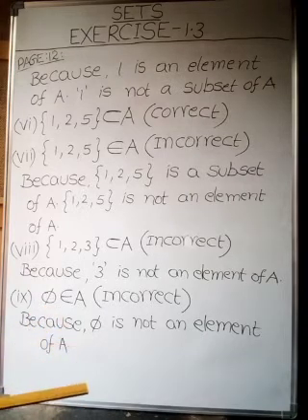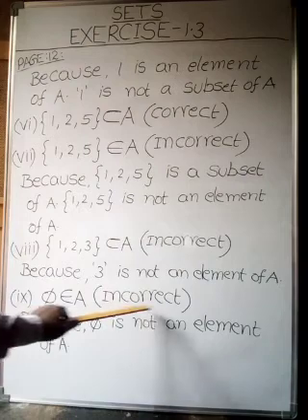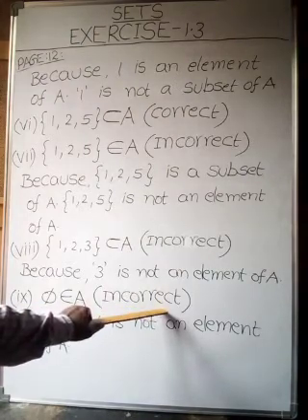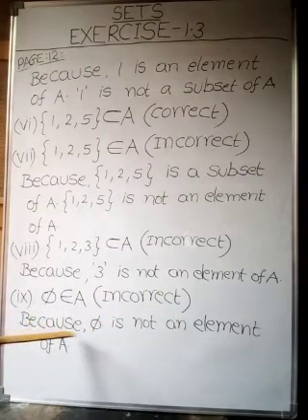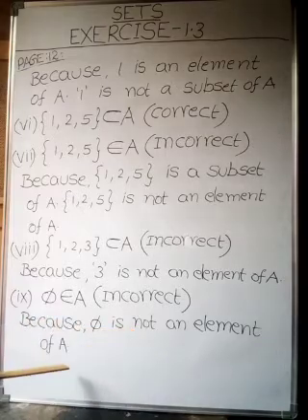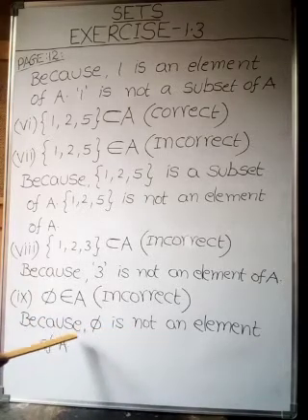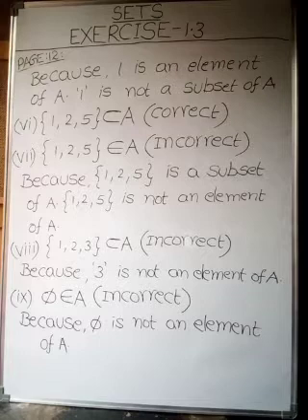Previously, we have discussed that point. So, it is a false statement, incorrect statement, because 5 is not an element of A. Is it clear, my dear children?